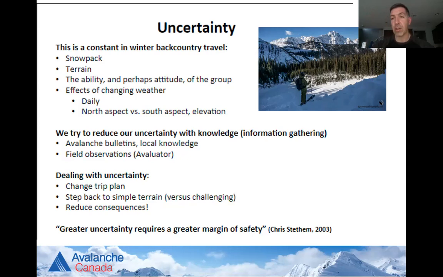As I said earlier on in the presentation, we try to reduce our uncertainty by getting our heads in the books, in the maps, guidebooks, speaking to people, looking at the MIN reports, avalanche forecast, blogs. You're going to get as much information as you can to make up an idea of what it's going to be like on that ski tour itself. And then, like FatMap and Google Earth, you can put the map into 3D and move it around, get right up close onto slopes.